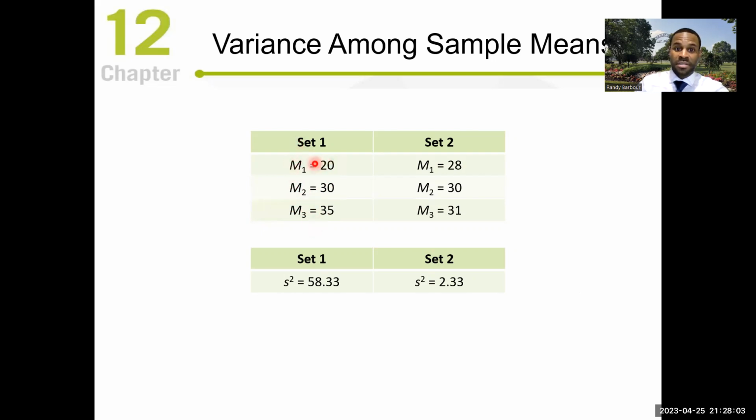But between them, that's when you see the treatment effect, because each sample should be different based on the treatment, if the treatment plays any significant role in the differences between those scores. And that's what we want to see.